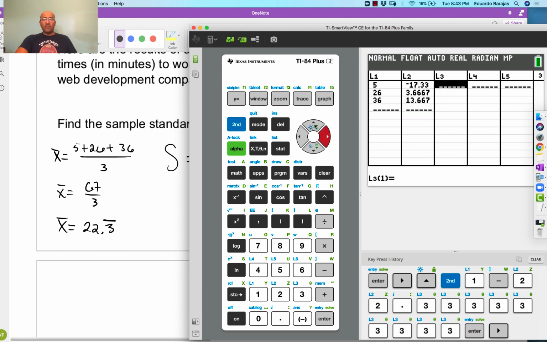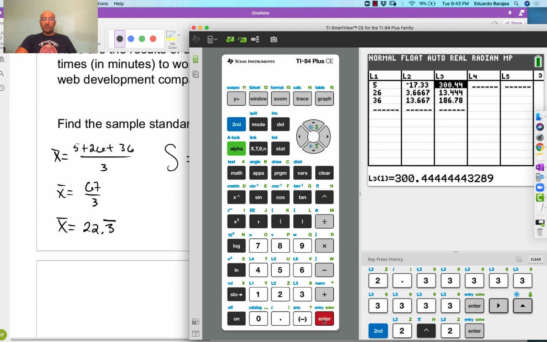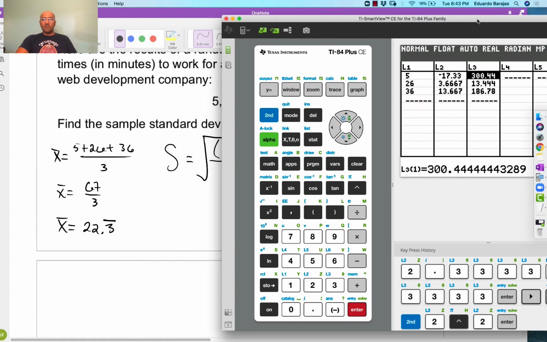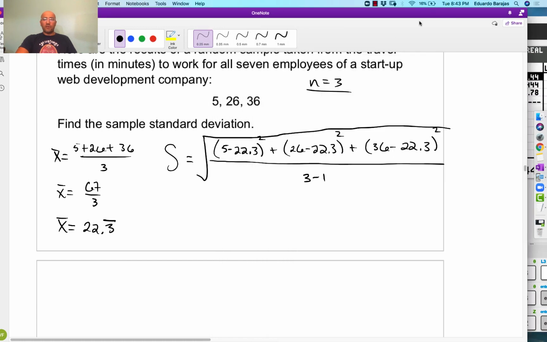And then I want to square each one of these, so hit L. So that's all of these squared. And next I'm going to want to find the summation of them all. But at this point, let me just copy some of these results.